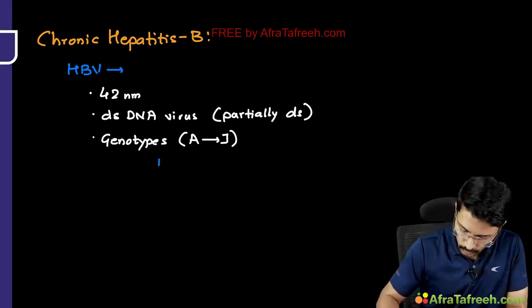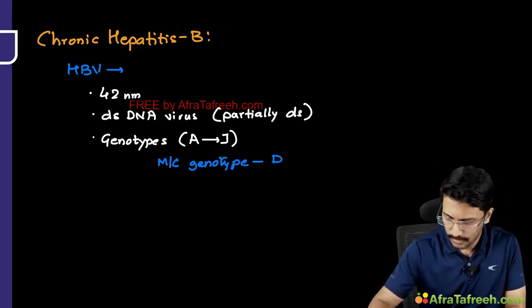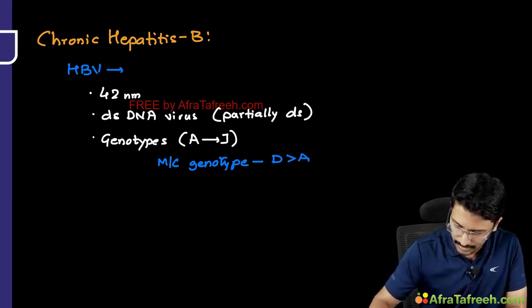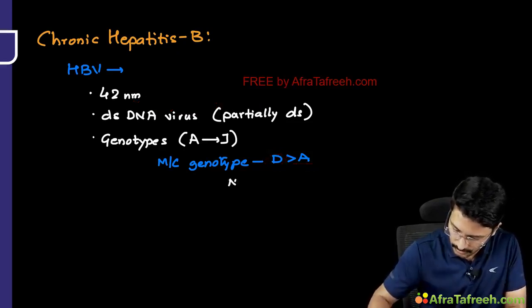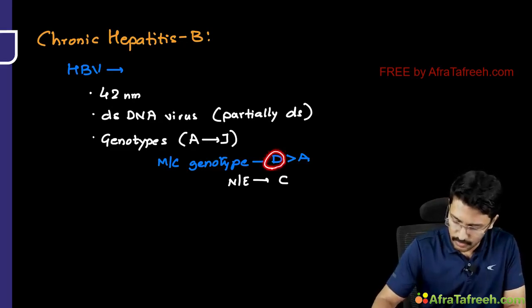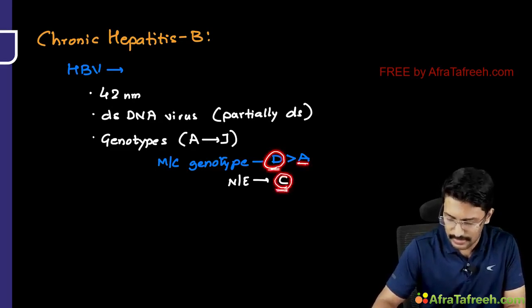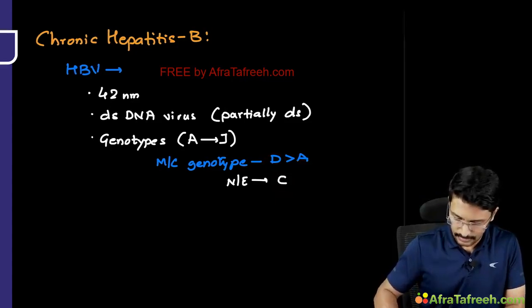So the most common genotype in India is genotype D, followed by genotype A. So genotype D is more common than genotype A, and in the northeastern region of India, you do see prevalence of genotype C. Clear? So overall in India, genotype D is more common than genotype A, but in the northeastern states, you might see slightly higher prevalence of genotype C. Okay, now that is clear.